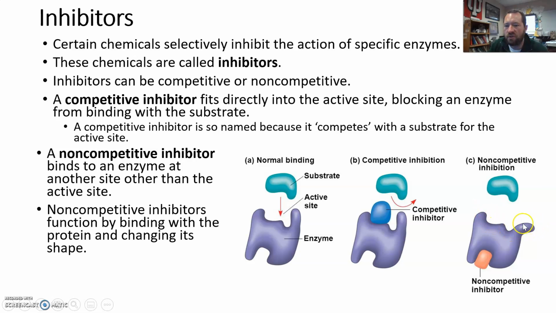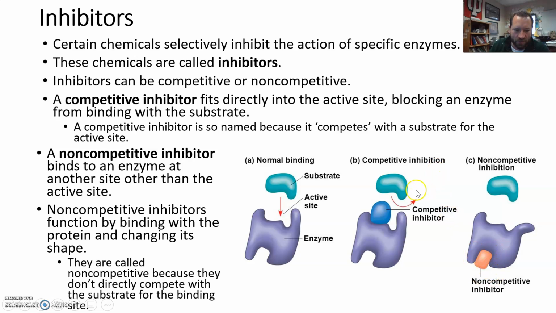It distorts the active site, and now the substrate can no longer bind, so we can't have that reaction take place. And that's all due to a non-competitive inhibitor. And they're called non-competitive inhibitors because they don't directly compete. They're not trying to get to that spot first. They're just coming in the back and changing the whole shape and changing the whole game. Non-competitive inhibitors.